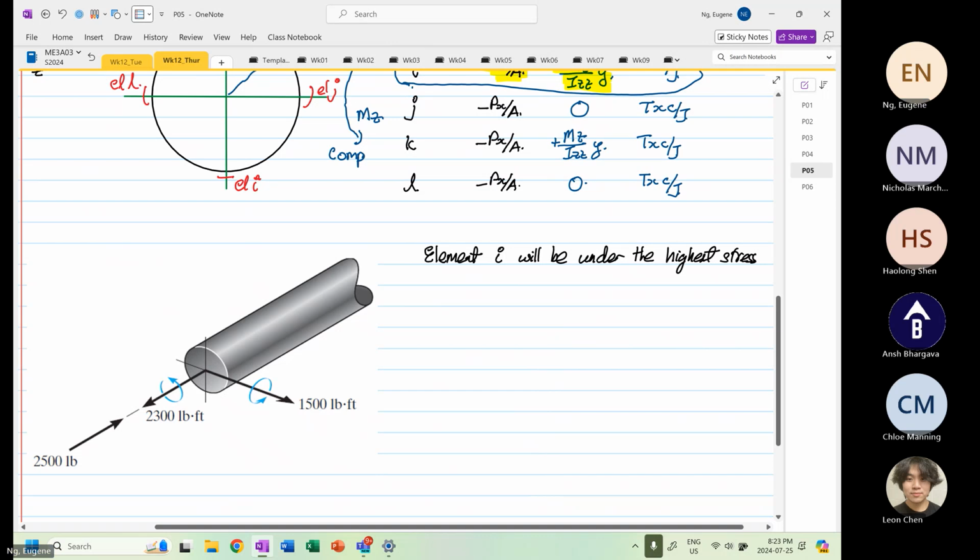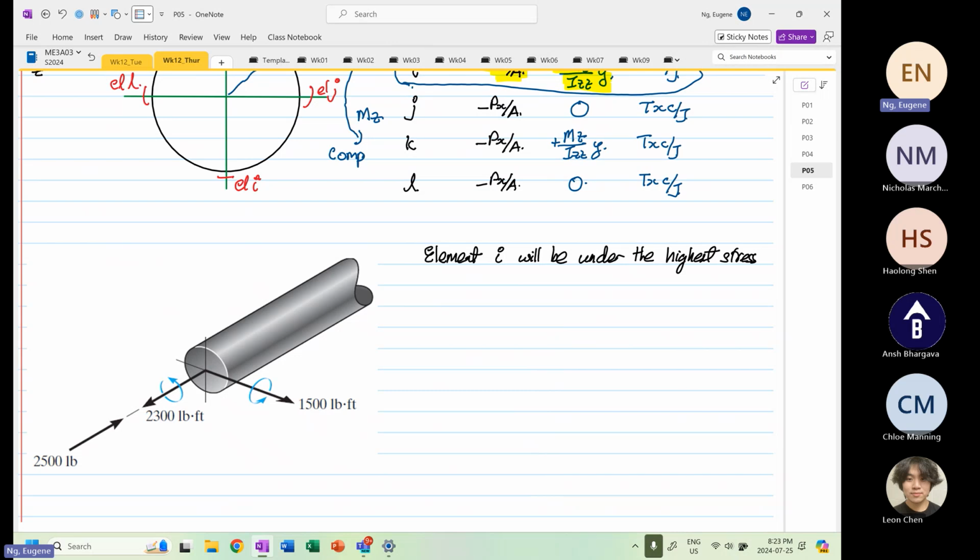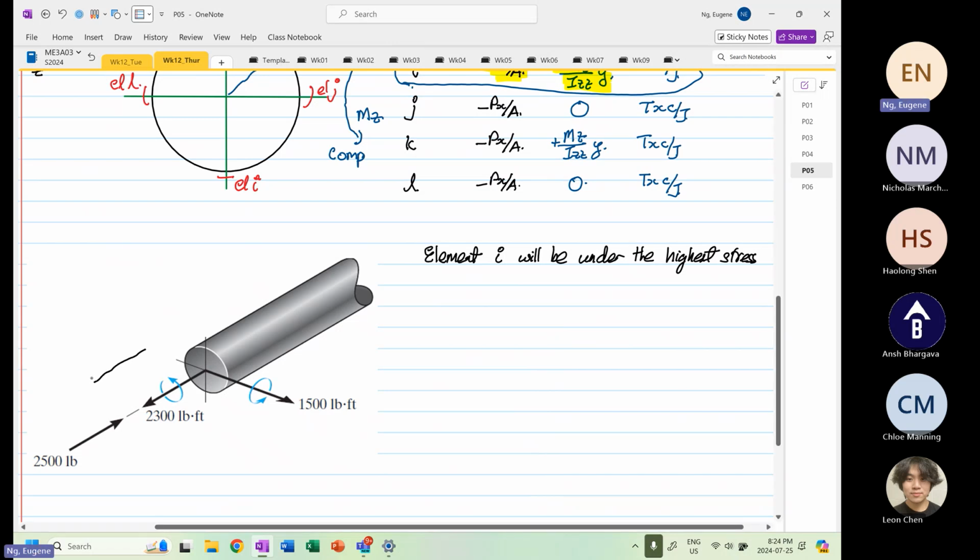Maybe you can say it's the highest normal stress, because the shear stresses are all equal. So now the next thing we're going to do is draw the element, exactly like what we see down here. So we know that this is X.